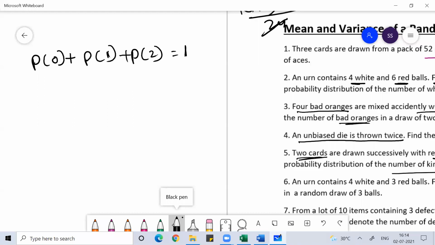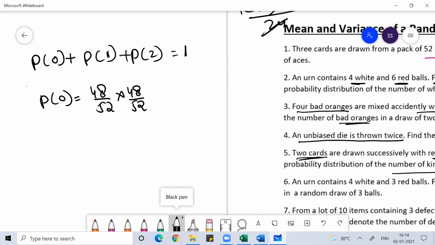Okay, so two cards I draw, right? And both the cards should be king. So for the first card to be king, that would be 4 by 52. Sorry, this should not be king. So P0 means both the cards should not be king, so 48 by 52 into 48 by 52.